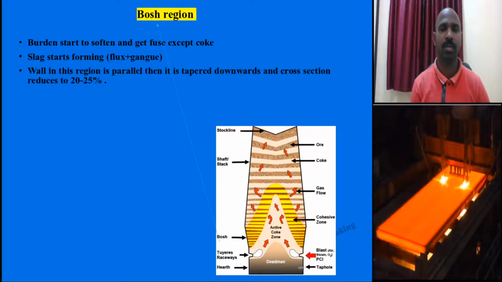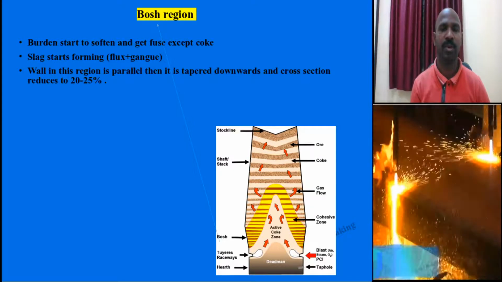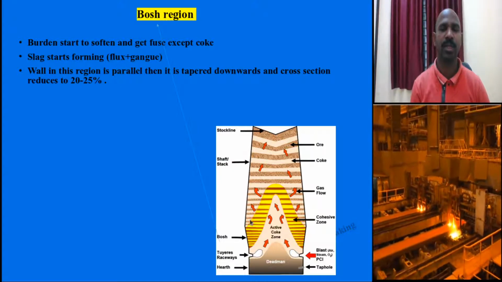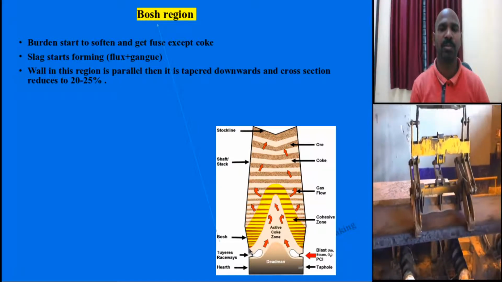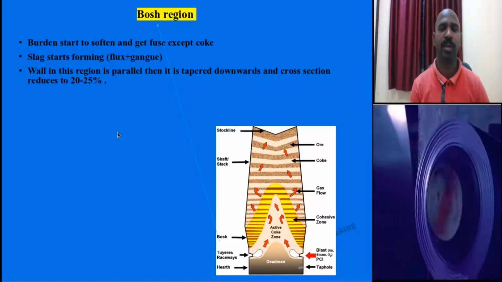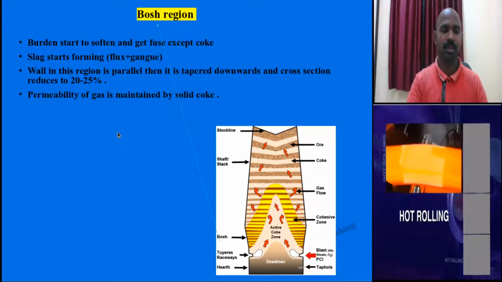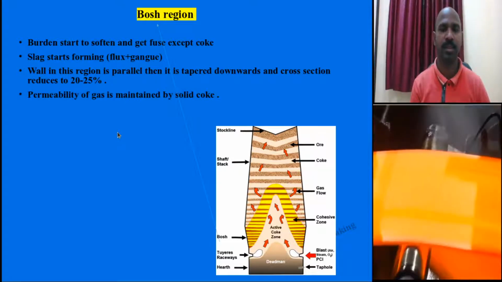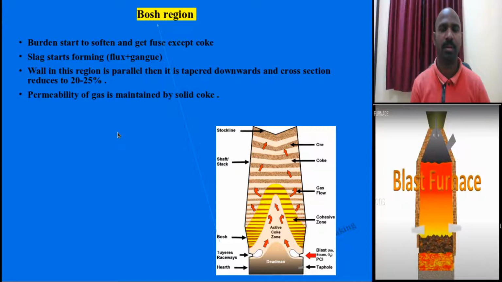It forms a slag which has lower density, and if you see the cross section design of this Bosh zone, from top to bottom the cross section decreases by 25%, which affects the permeability of the gases that evolve from the combustion with hot air, or what we call hot blast. That is why it is called a blast furnace.